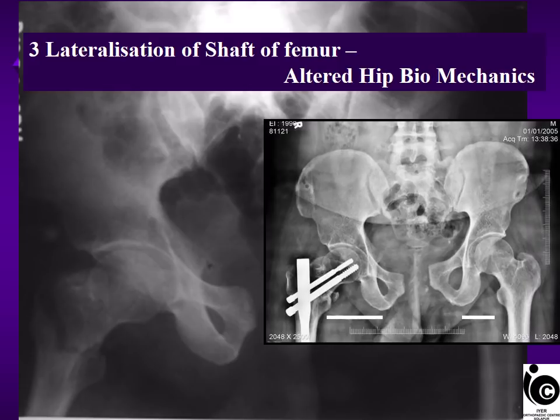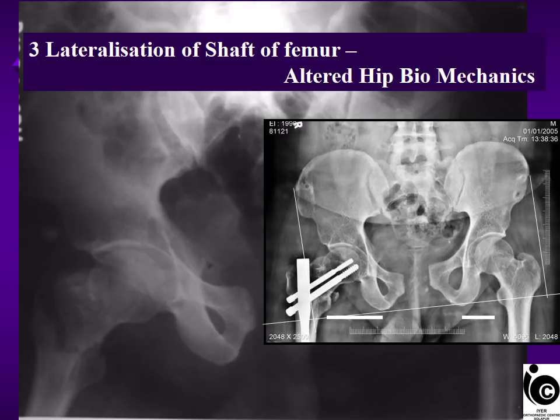Here you can see the operated right hip is so much lateralized compared to the normal side. Though the fracture has united, the lever arm biomechanics of the hip has been changed totally. This can be noticed by taking a pelvis with both hips X-ray.